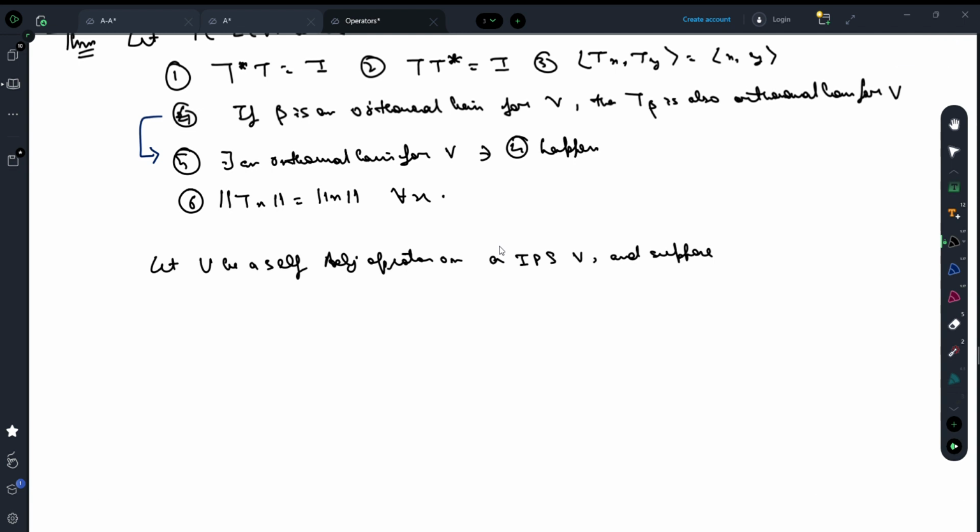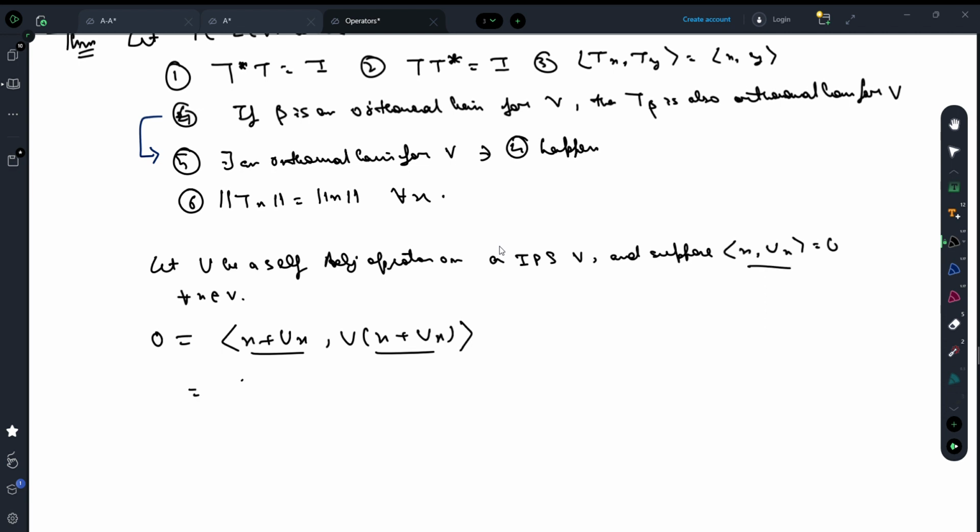And suppose the inner product of x with ux is 0 for all x in V. Then what can I say about this linear operator? Observe that if it is 0 for all x in V, then I can write that 0 is equal to the inner product of x plus ux with u of x plus ux, right? So these parts are the same, so it satisfies what we started with.